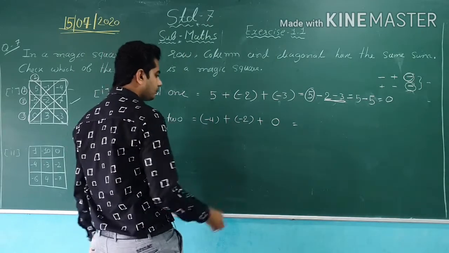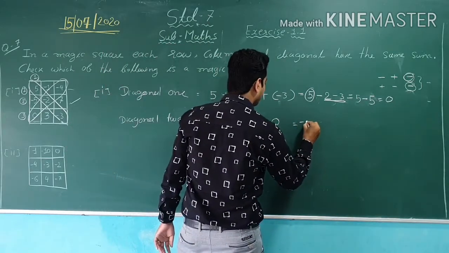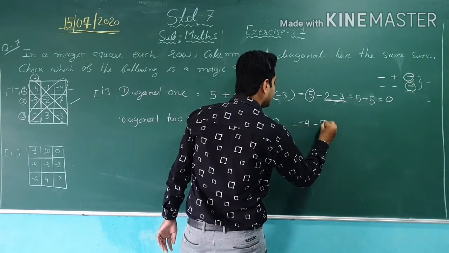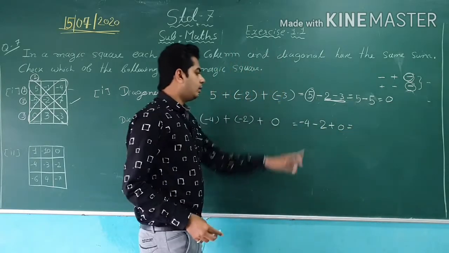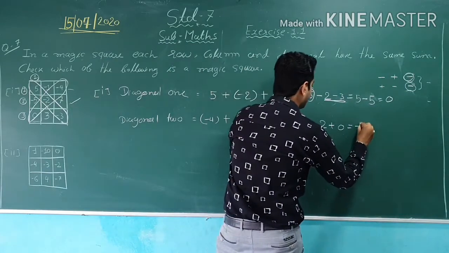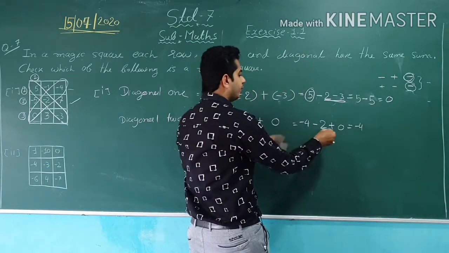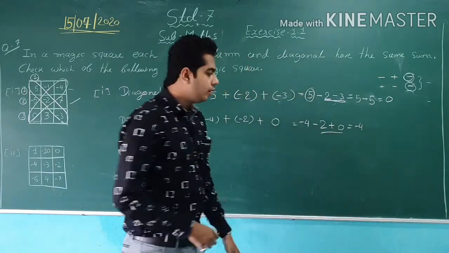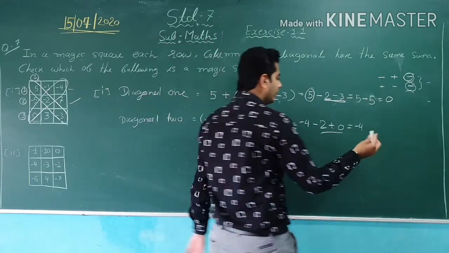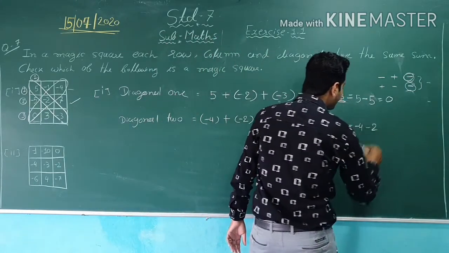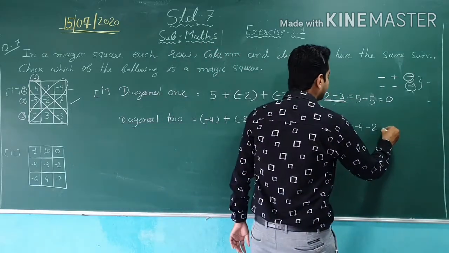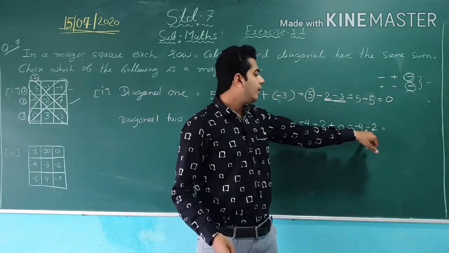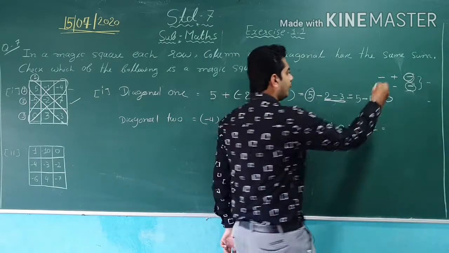Now this term. First of all solve the bracket. Minus 4 minus 2 and plus 0. Now I'll write first term as it is, minus 4. And this 2, you already know 0 is an additive identity, so if you add anything you get the same. So as a minus 2 we got. Now minus 4 minus 2, see minus minus is what?